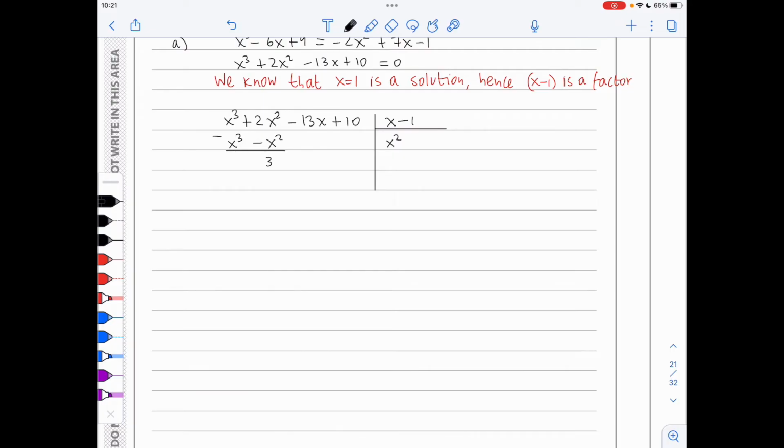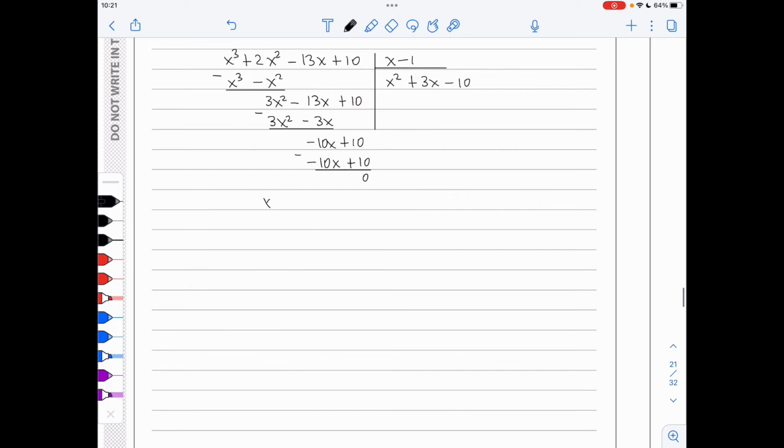This leads to 3x squared minus 13x plus 10. Then it's a plus 3x to give me 3x squared minus 3x. Again, I subtract and I get minus 10x plus 10. So minus 10 here to give me minus 10x plus 10. And as expected, I get a remainder of 0.